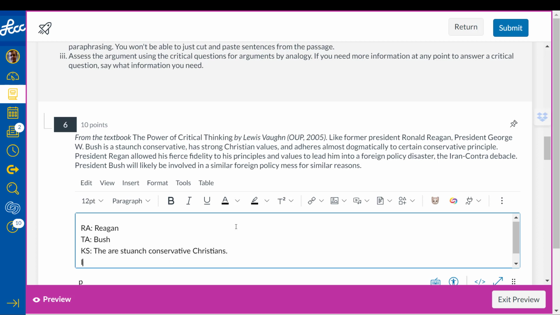And the inferred similarity is they will get involved in a foreign policy debacle. So this is part one.